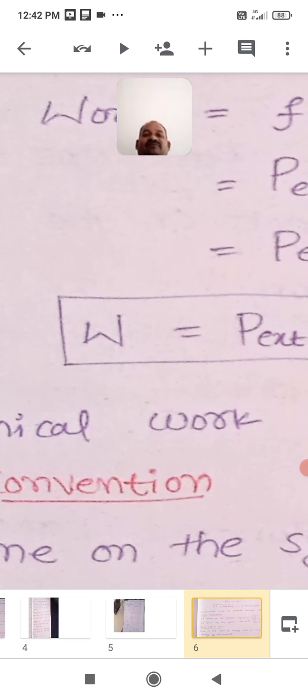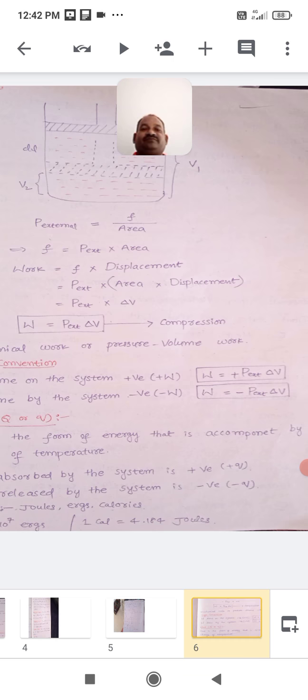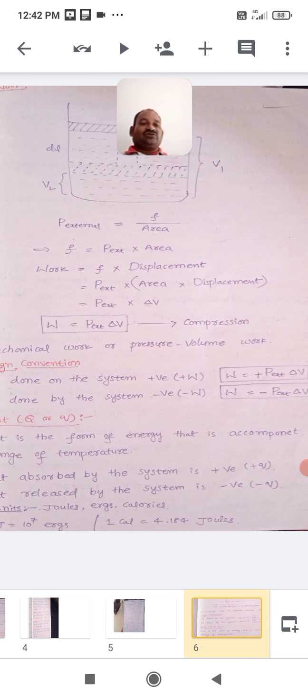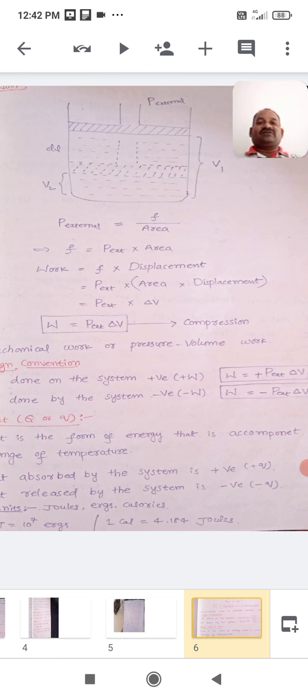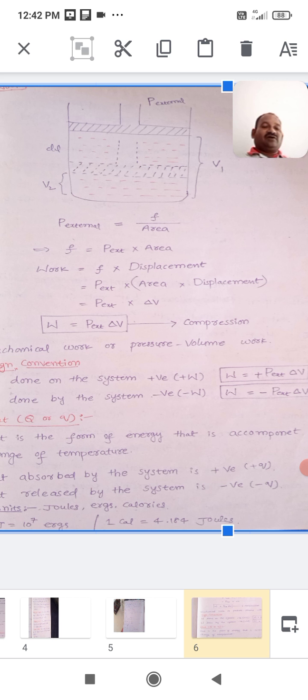Next one is work. What is the work? You see in the figure clearly what is the work. Observe in the figure clearly: P external, and V1, V2 and dl. Here P external is equal to F by area, the total area.